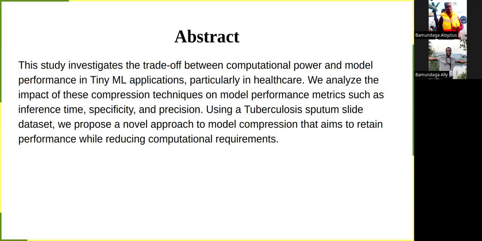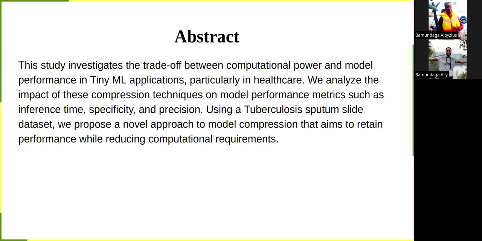We analyze the impact of these compression techniques on model performance metrics, such as inference time, the time between the input and the output, the specificity, the precision.